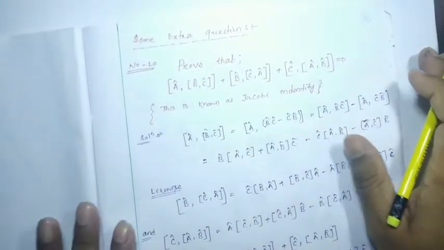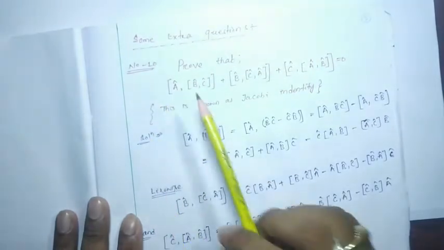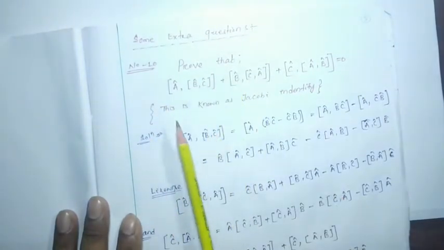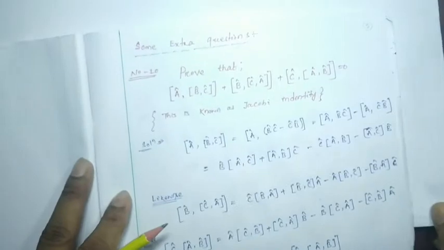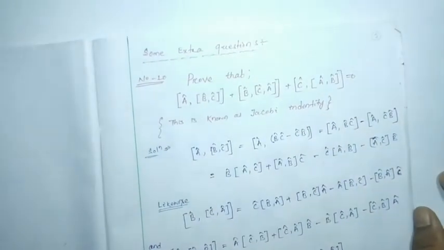The 10th question that I gave is to prove the so called Jacobi identity.